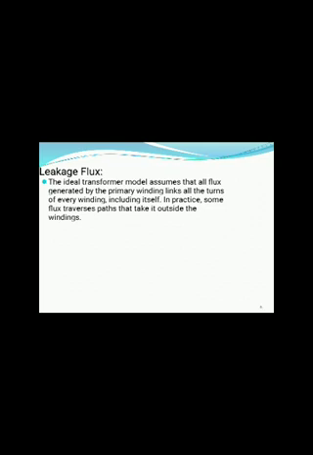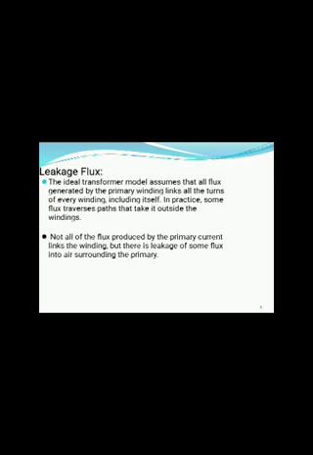In practice, some flux traverses paths that take it outside the windings. Not all of the flux produced by the primary current links the winding, but there is leakage of some flux into the air surrounding the primary.